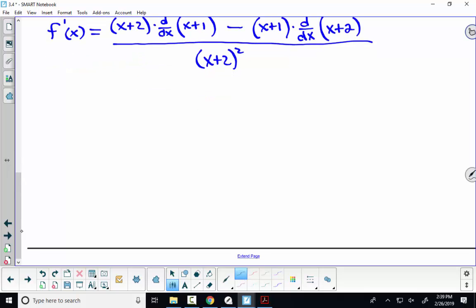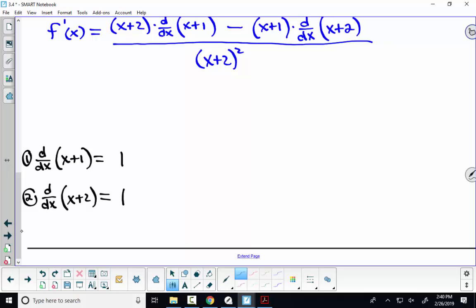It's probably not 100% necessary here, but we just want to keep a consistent process. Like I said, when we look at more complicated functions, this will help a lot. So the derivative of x plus 1 is 1, and the derivative of x plus 2 is 1.